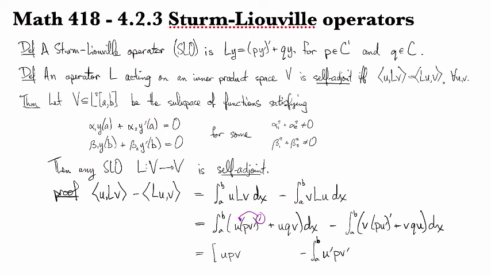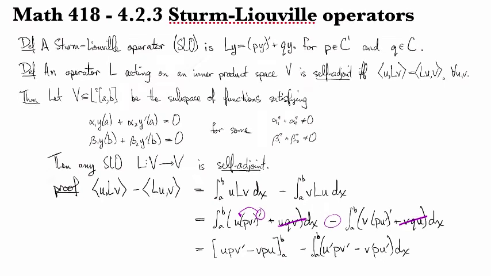But then I'm going to do the same thing for the other integral. For the other integral, that's going to give me a term that looks like, oh, sorry, there should be a prime here, minus v p u prime. And then I have the other integral, which is going to be v prime p u prime. I forgot to point this out, but this term cancels with this term because of the minus sign right here. So we don't have to worry about those.